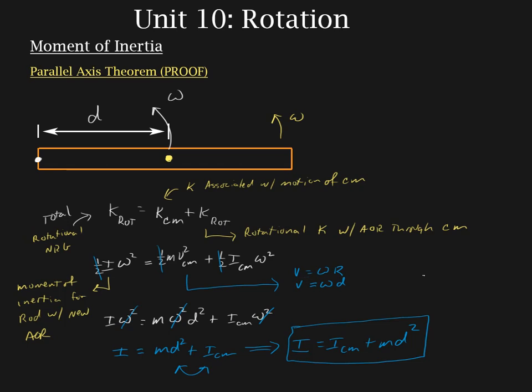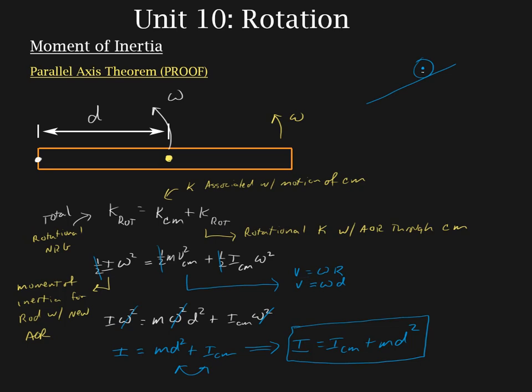When you set up a conservation problem, it's very common to use for kinetic energy 1/2 I omega squared for I through the center of mass of the object. So for example, if you have a ball which is rolling down a hill, we would typically use the axis of rotation as the center of the ball.